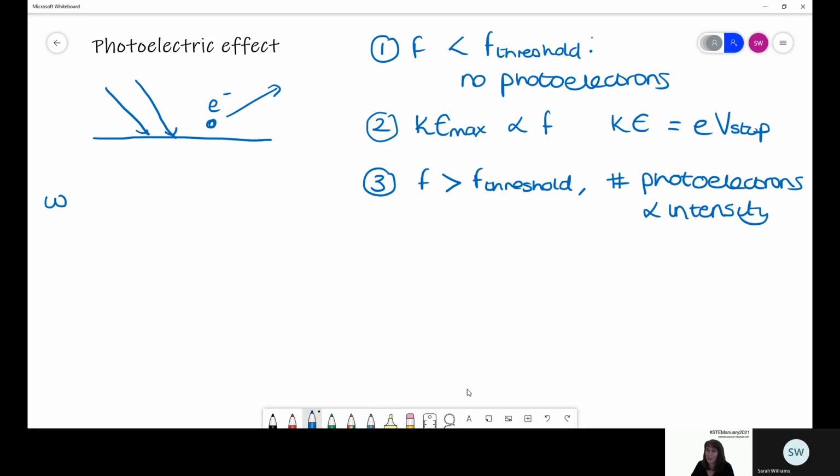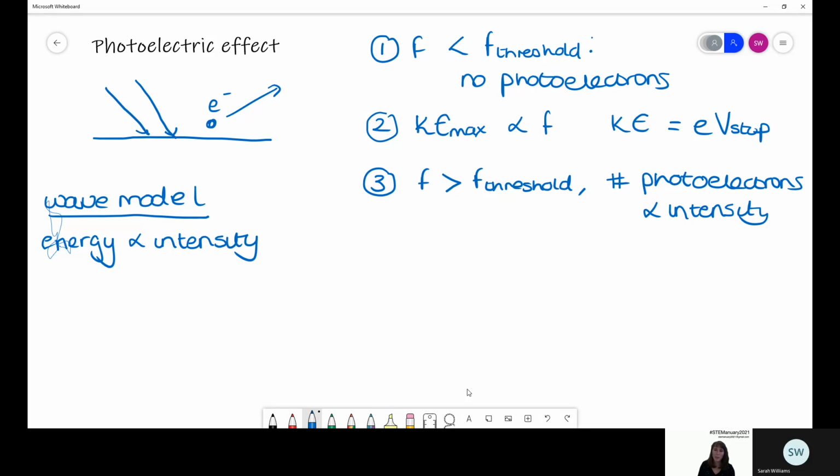So if we consider the wave model here on the left-hand side. So for the classical model of light as waves, we know that the energy being transported by a wave is proportional to its intensity.